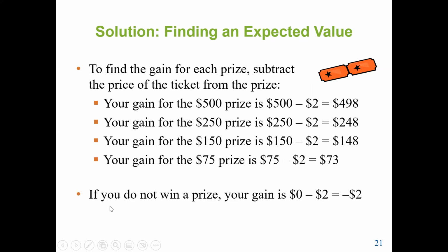Then if you do not win a prize, your gain will be what? 0 minus 2. If I win a prize of 500, my gain will be 498, because I bought a $2 ticket. Now, if I win nothing, which means 0, it will be 0 minus 2, which means my answer will be negative $2. I lose $2.